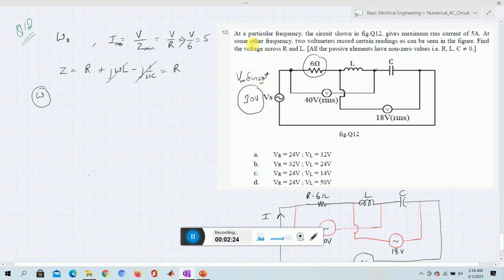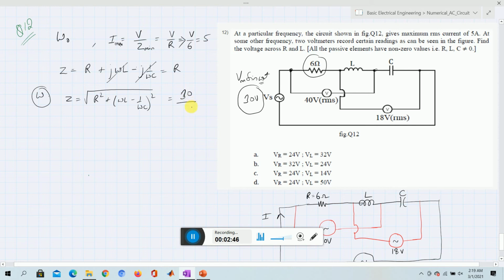So it is saying that at some frequency you are getting a resonance, and at other frequency you are getting the complete statement. So I can have Z equal to the square root of R square plus omega L minus 1 by omega C whole square. And this is nothing but V, which is 30 volts. So we can write directly 30.